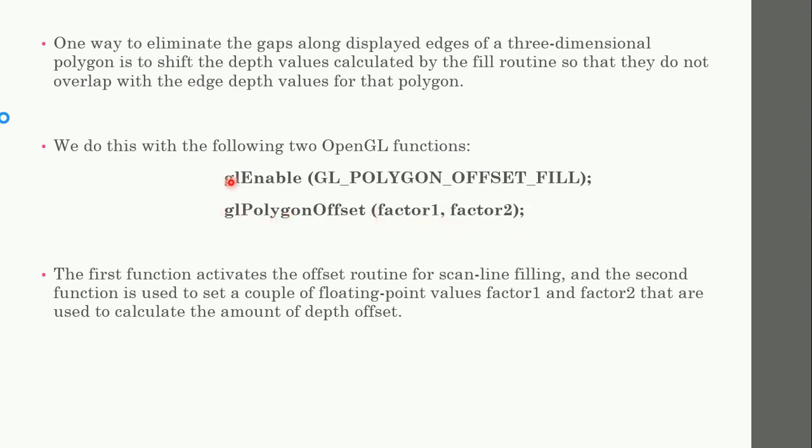The first function activates the offset routine for scan line filling, and the second function, polygon offset, is used to set floating point values for factor1 and factor2. That is used for calculating the amount of depth offset. Depth values are calculated by the filling routines so that they do not overlap with the edge depth values for the polygon. These two functions are mainly used to avoid the stitching effect.